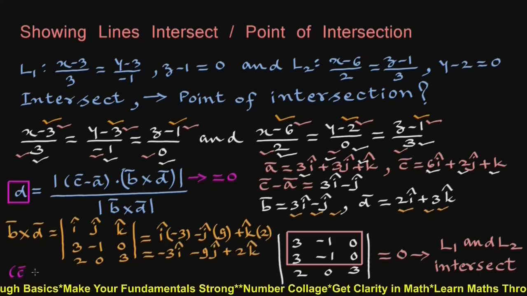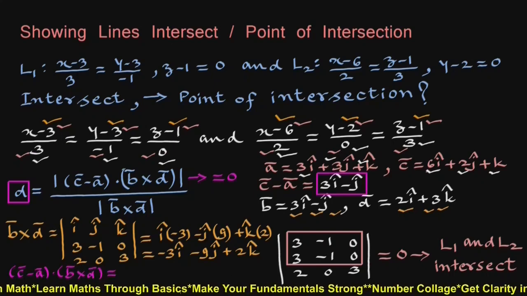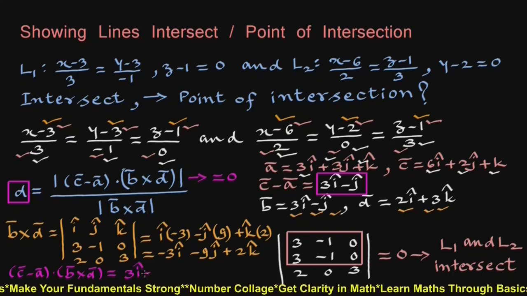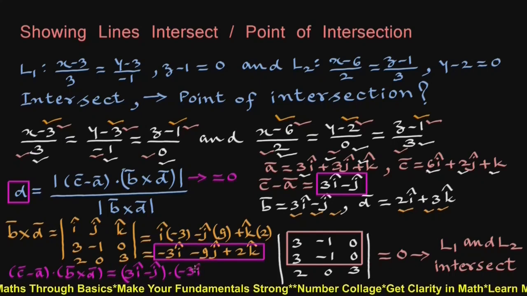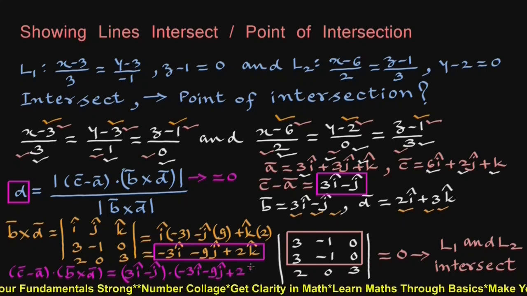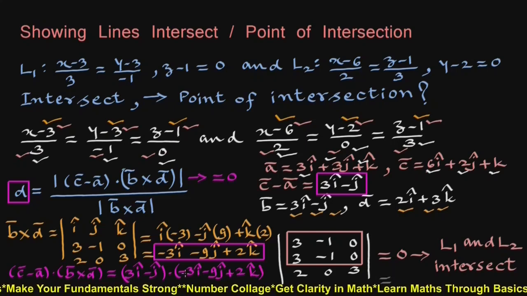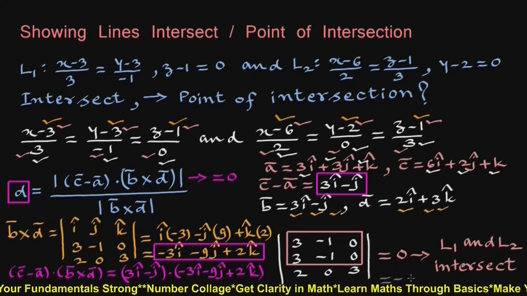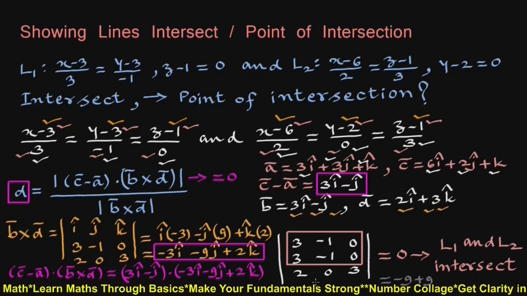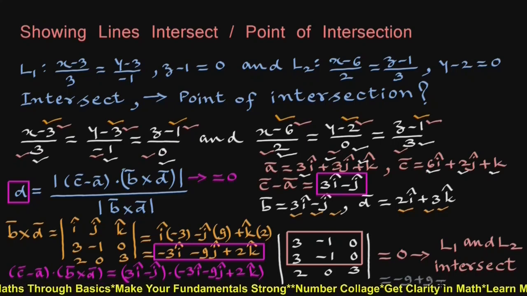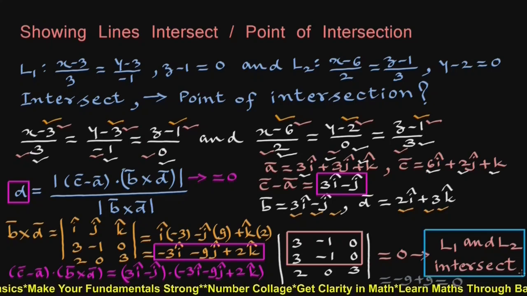The dot product (c bar minus a bar) dot (b bar cross d bar) will be (3 i cap minus j cap) dot (minus 3 i cap minus 9 j cap plus 2 k cap), which will be, we write it here, 3 into minus 3 minus 9 plus minus 1 into minus 9 plus 9, and 2 into 0 plus 0, so that will be 0. This also proves L1 and L2 intersect.